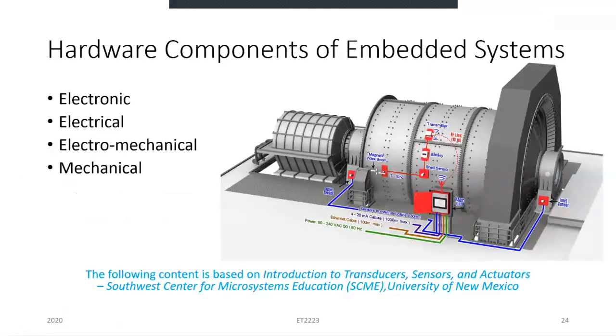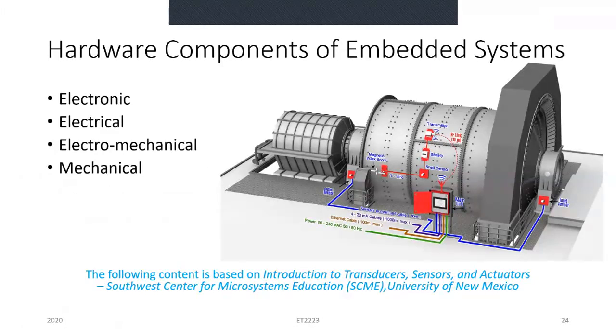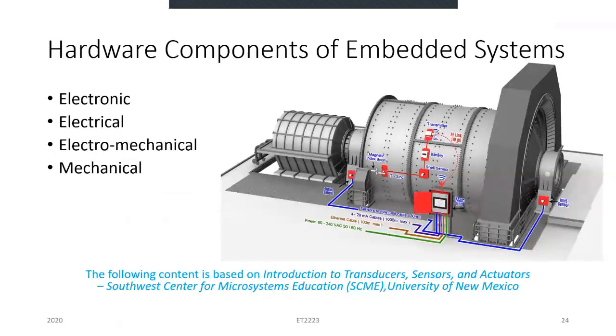So again, when we think about these types of components, they can fall into a large number of categories. When we are thinking about components that we may interface with in embedded systems, they can be electrical components, some electromechanical components, sometimes even purely mechanical components.